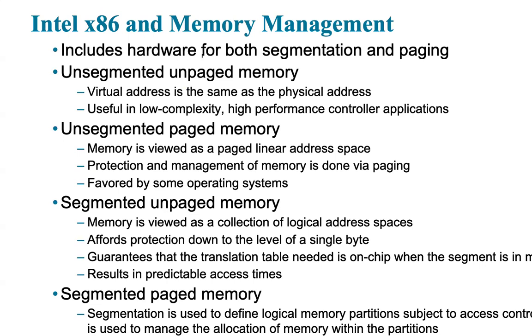It includes hardware for both segmentation and paging. It has unsegmented, unpaged memory; unsegmented paged memory; segmented unpaged memory; and segmented paged memory. So basically, you have a lot of different things that are used as part of this x86 architecture for Intel.